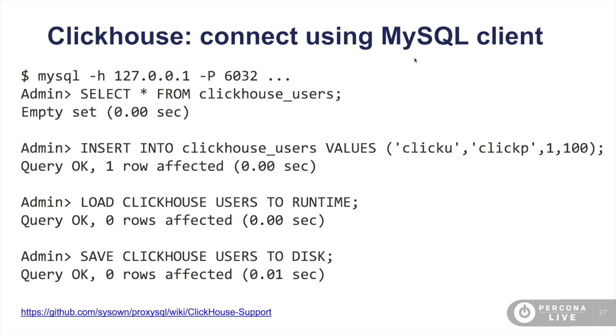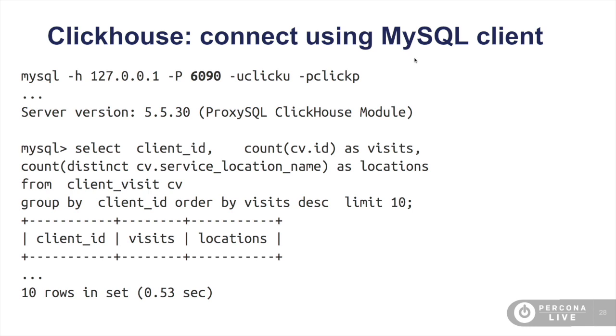Again, this is a ProxySQL table. If you're not familiar with ProxySQL, we are basically connecting to the ProxySQL admin interface to manage ProxySQL. And then after that, I can connect to this port, 6090, on the host with this new user, and now I can run my query.